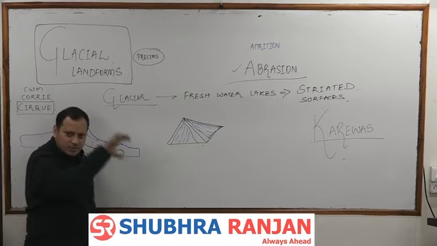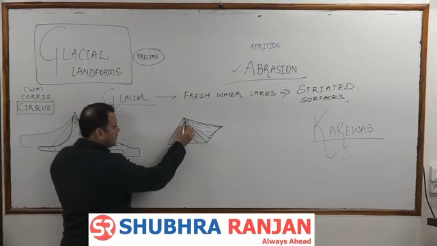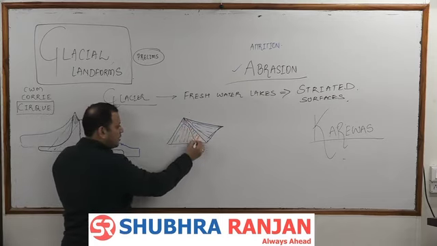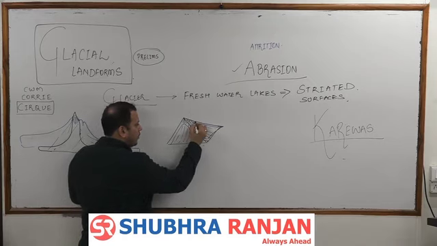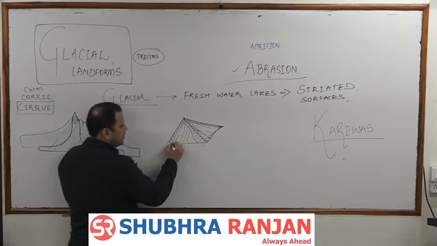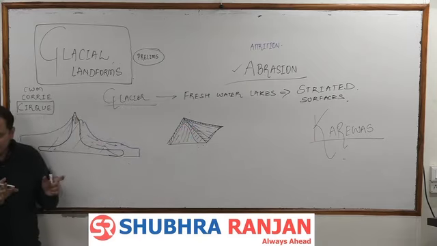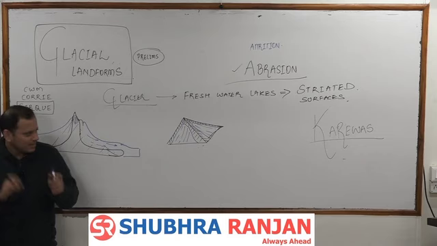So the glacier is doing somewhat like this, and therefore the sides of the mountains which are not eroded, these sides, will become very, very pointed and sharp. The mountains will be converted like this. Understanding this? Scooping out.